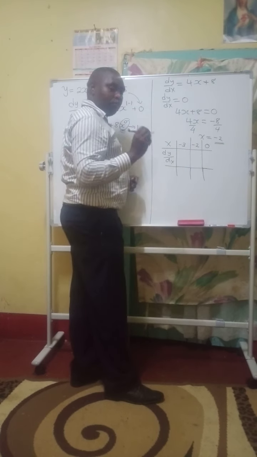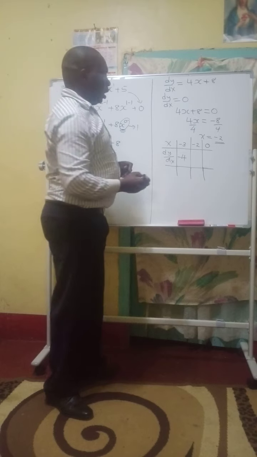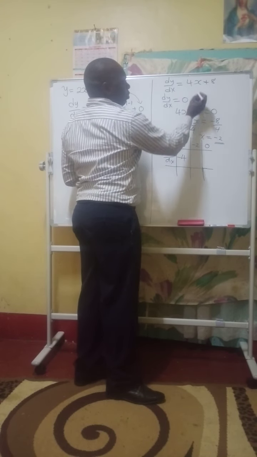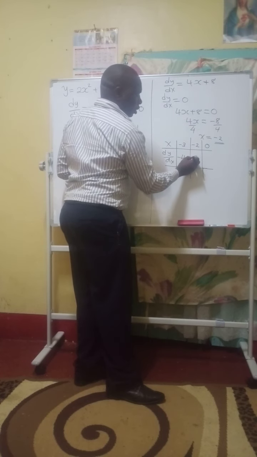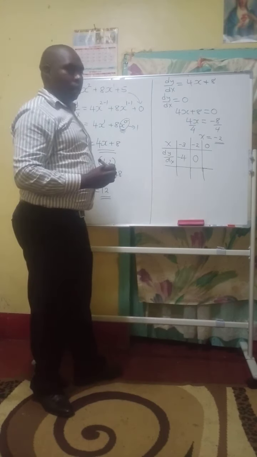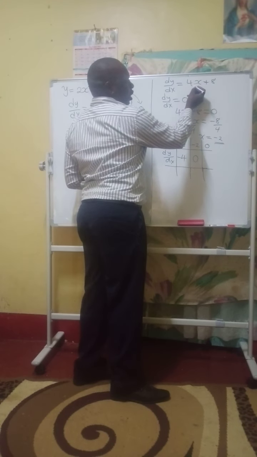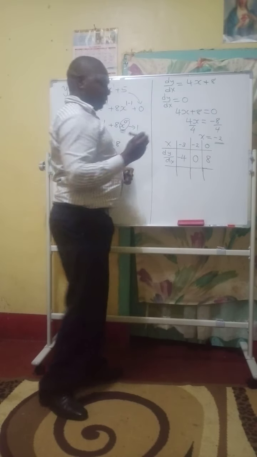Now, negative 12 plus 8 is actually negative 4. Now, if you happen to replace x with negative 2, basically this will be negative 8 plus 8, which gives us a 0. Then the last value, you replace x with 0, and this gives you 0 plus 8, you get 8.